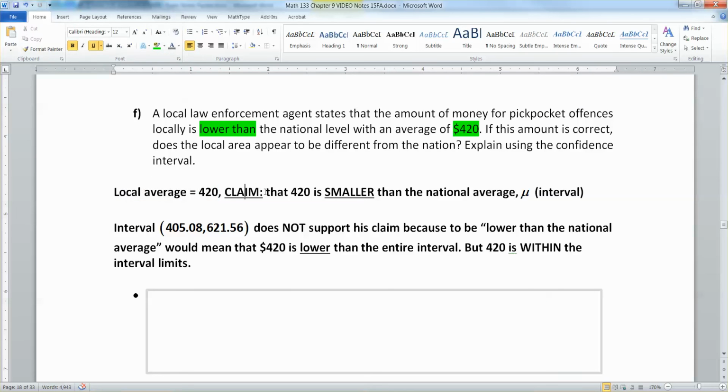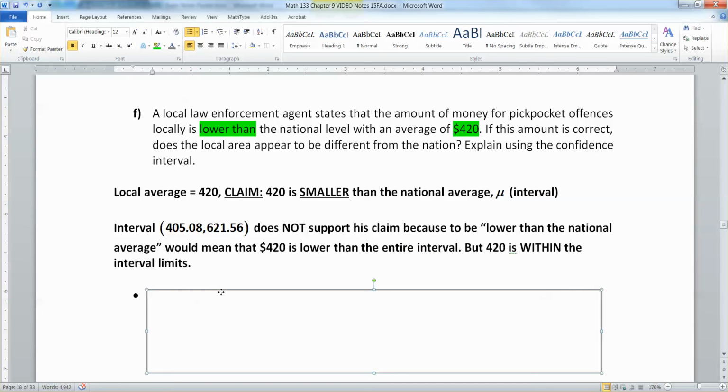He was claiming that 420 is smaller than the national average, mu. But you have to compare it to the interval, and that's the key. The interval is 405.08 to 621.56, and that does not support his claim, because to be lower than the average would mean that 420 has to be lower than your entire interval, and that is not happening here. 420 is within our interval.